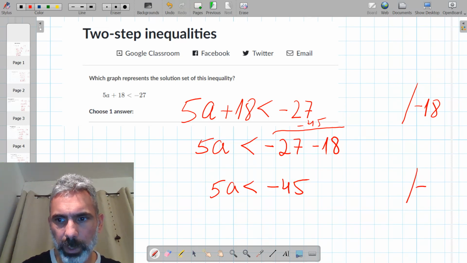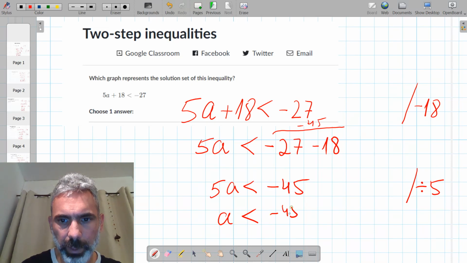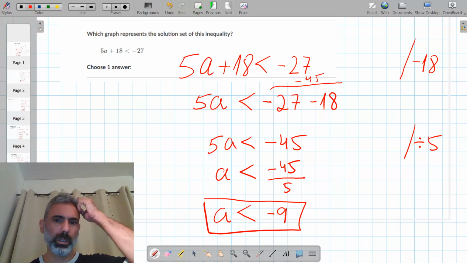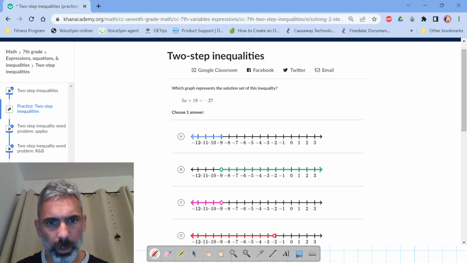So I divide both sides of the inequality by 5, so on the left hand side I'm left with a is less than minus 45 divided by 5. So a is less than 45 divided by 5 is 9, and the result is negative because 45 is negative, so minus 9. A has to be all the numbers that are less than minus 9.